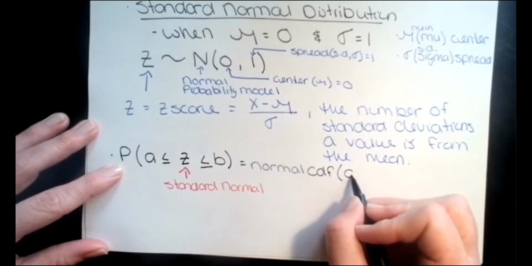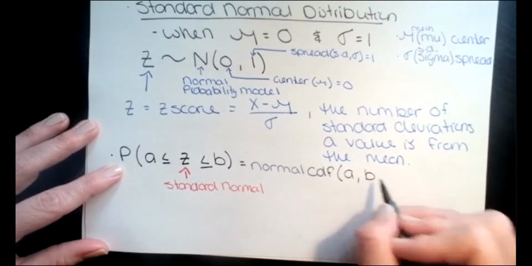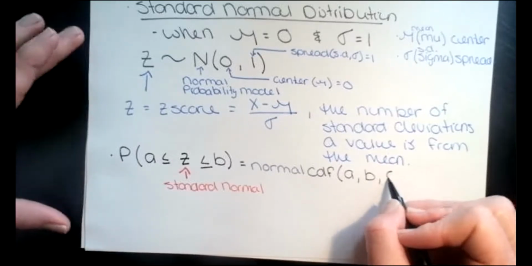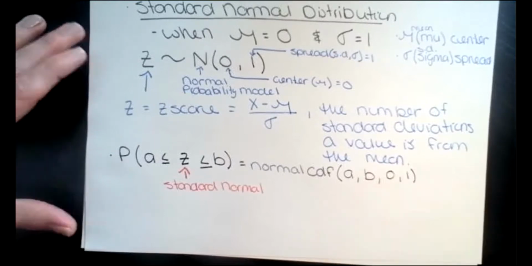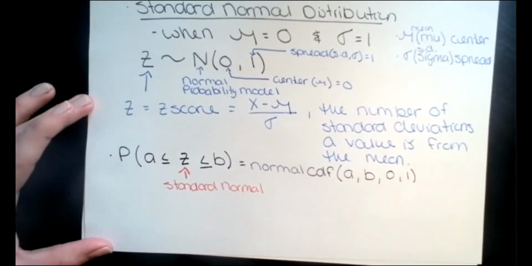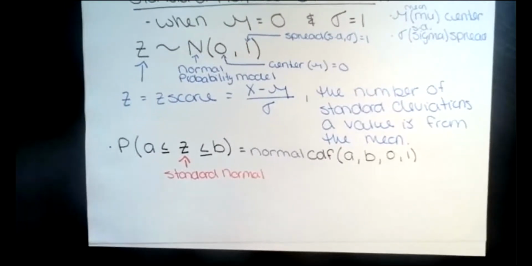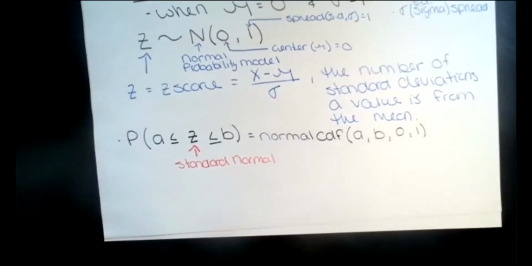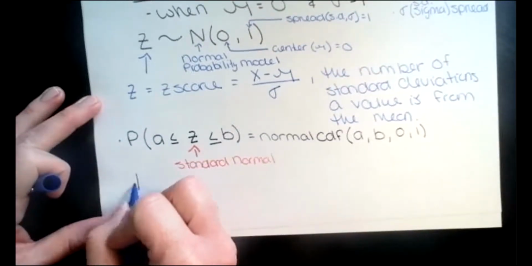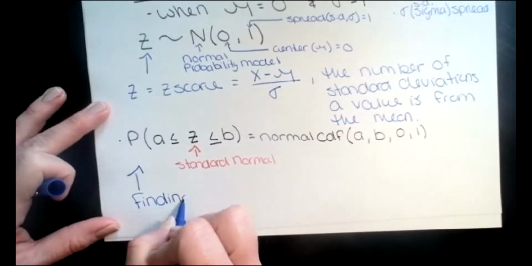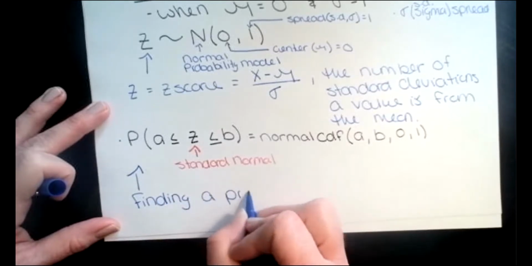And you're going to plug in your lower bound, which is A, your upper bound, which is B, your center, and your spread, 0 and 1. That's when you're finding a probability. So finding a probability.